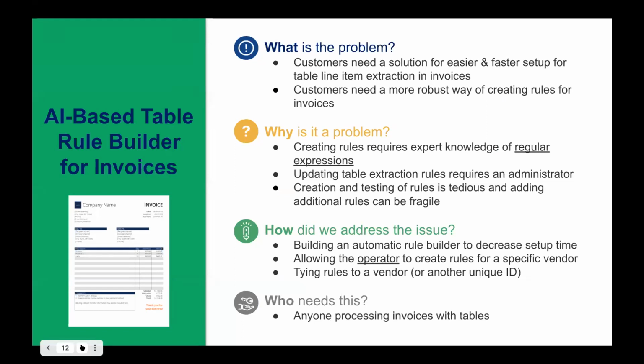Typically, what that means is when you are required to build a new table, for example in an accounts payable scenario, maybe when you're onboarding a new vendor and there's a new format that you need to support, you would need to rely on the batch class administrator to create that rule. And then they would become the bottleneck in the process, and that would slow down productivity.